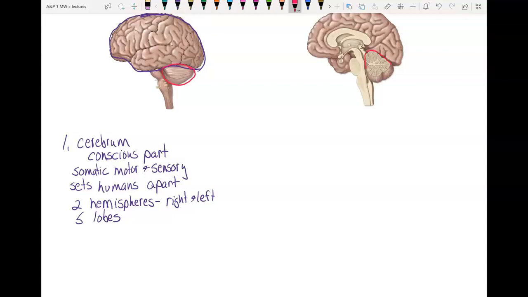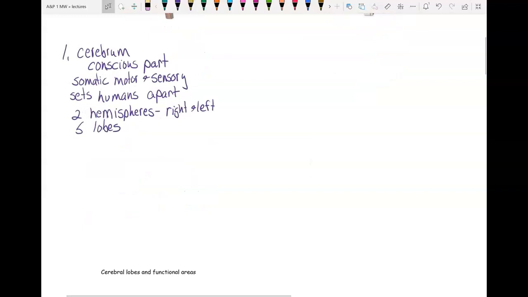And here you can see it in cross section. This part is what coordinates your movements.